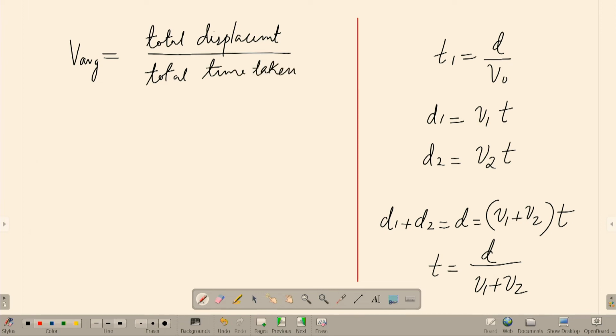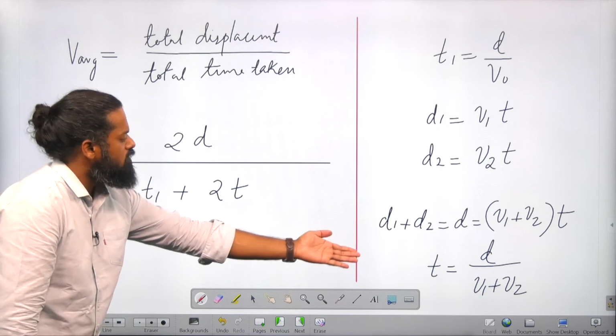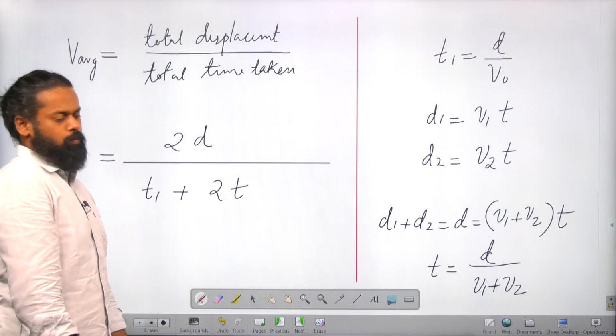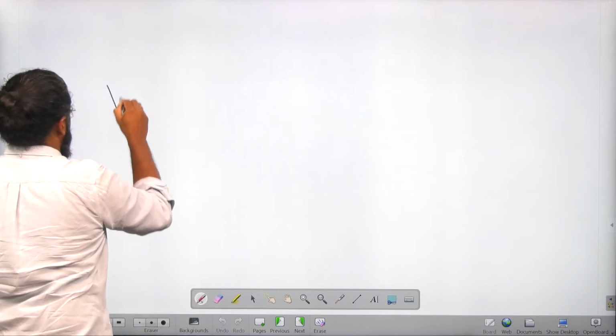What is the total displacement? 2 times d. And what is the total time taken? Total time taken is t1 plus 2t. Substitute all the values. You have t1 is d by v0 and t is given as d by v1 plus v2.